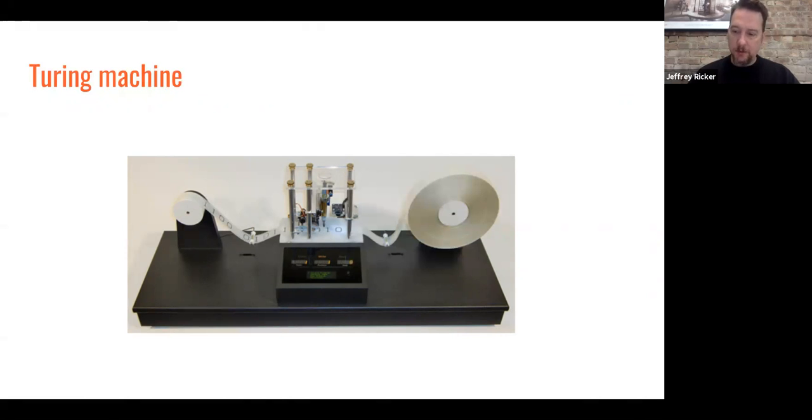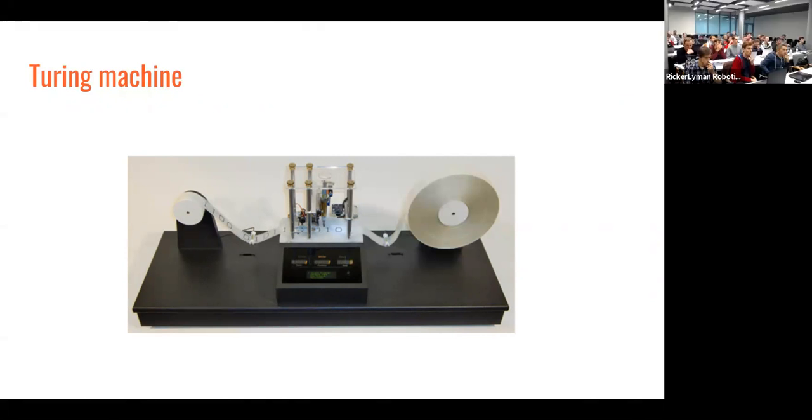So this, and even the concept of an algorithm, which is what a Turing machine defines, is just a sequence of steps. So this idea of a sequence is inherent in computing.